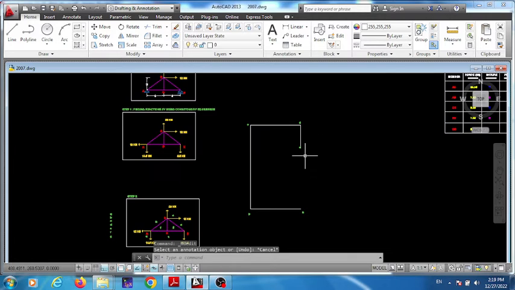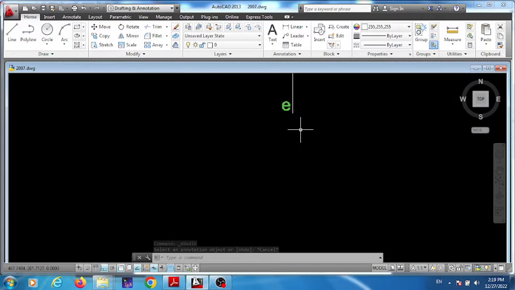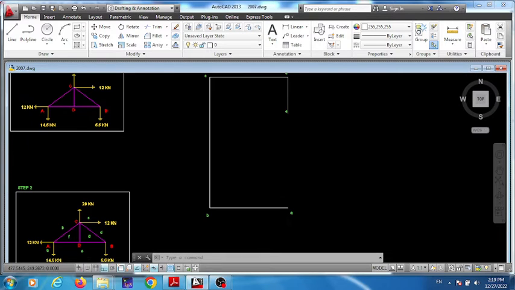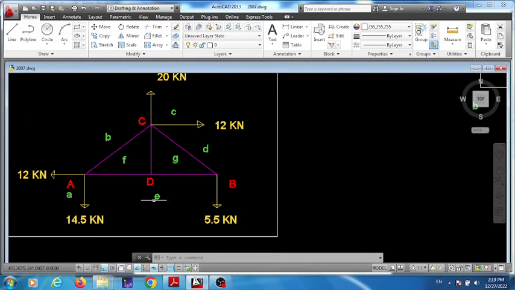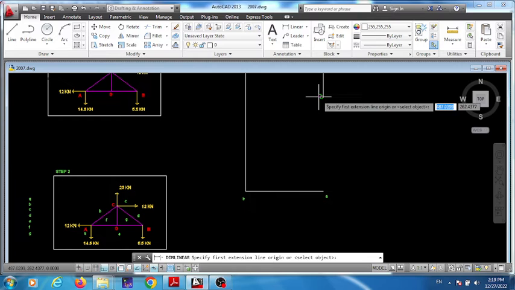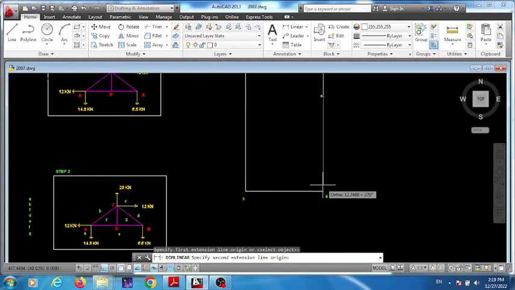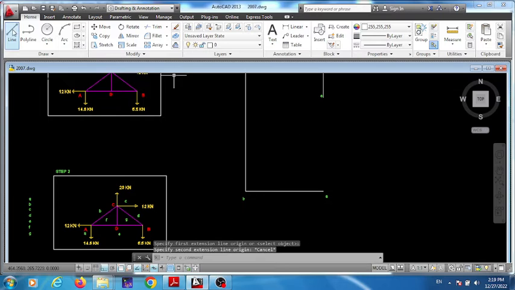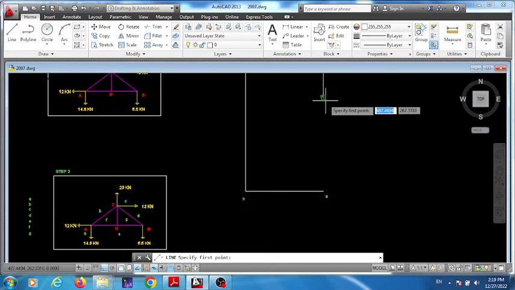Now this is your cross check, because between E and A there is a 14.5 kilonewton downward load, so you can check the distance, and it is 14.5, which means we have drawn it correctly. So just join this.